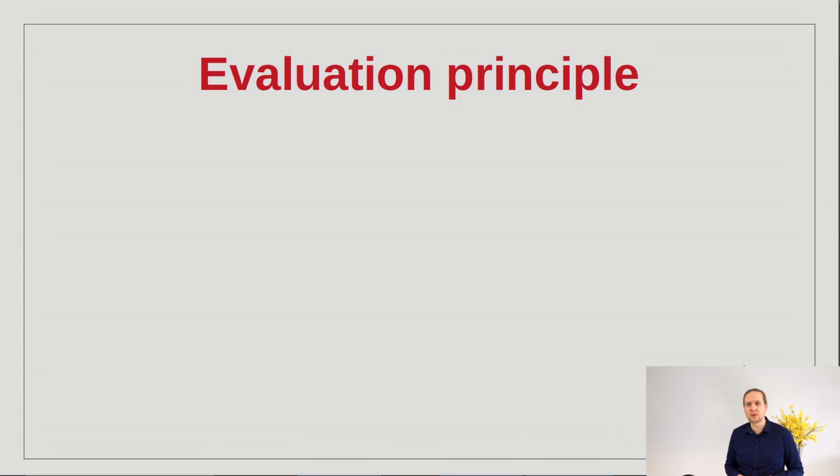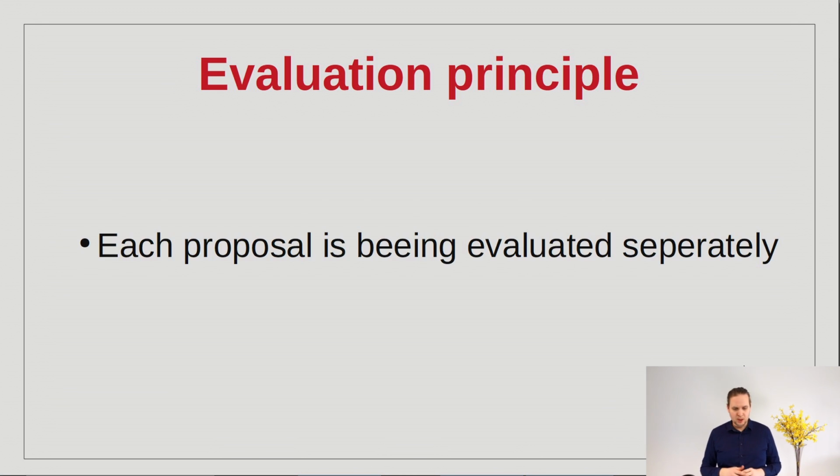Okay, and now we're coming to a fundamental difference compared to the majority voting system, the evaluation principle. First step, each proposal is being evaluated separately. So in the majority voting system, you have to decide for one proposal, and this vote for one proposal is always a vote against the other proposals.